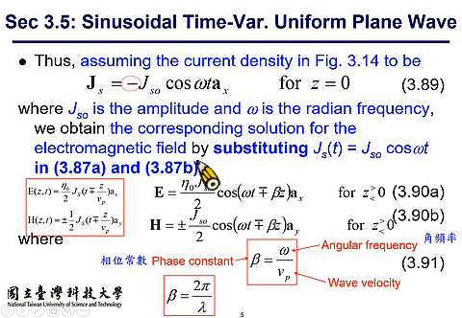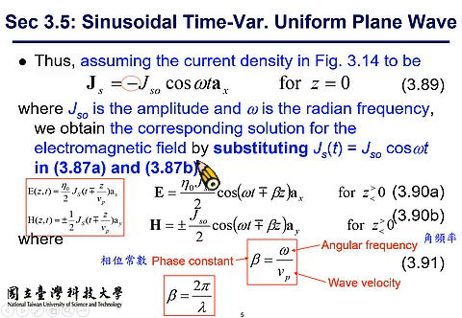So the current is only located at z equal to 0, while the electric and magnetic fields can propagate to positive and negative z direction and fill the whole space.